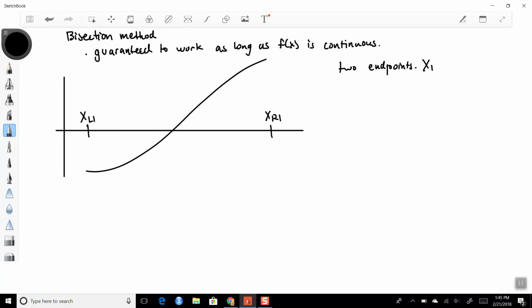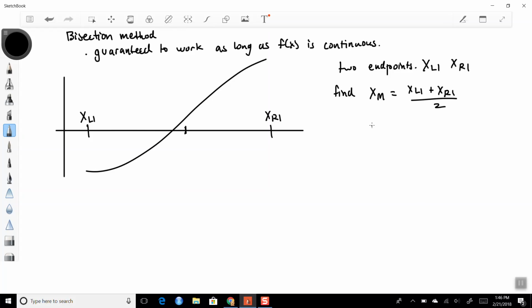So x, the left endpoint at time 1, and the right endpoint at time 1. I didn't do a very good picture here, but all right, so let's say you're going to find xm, which is going to be the midpoint, xL1 plus xR1 divided by 2. That's your midpoint.